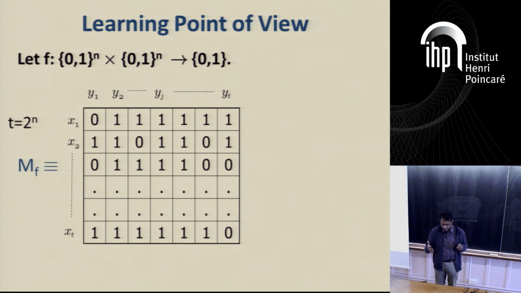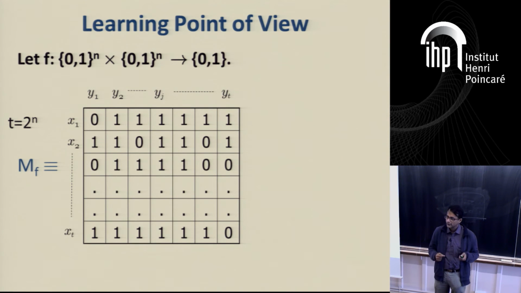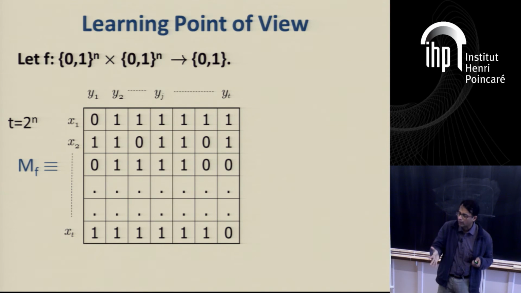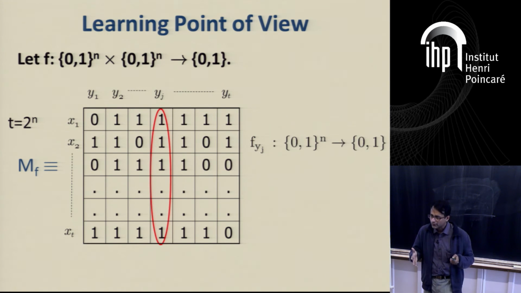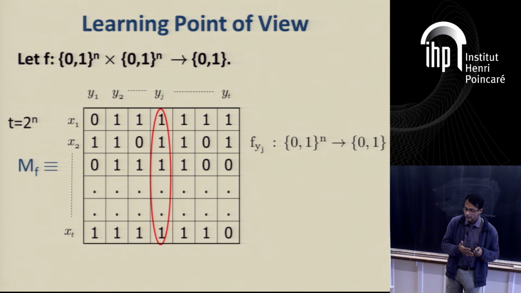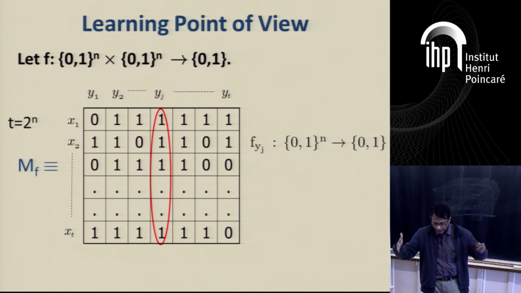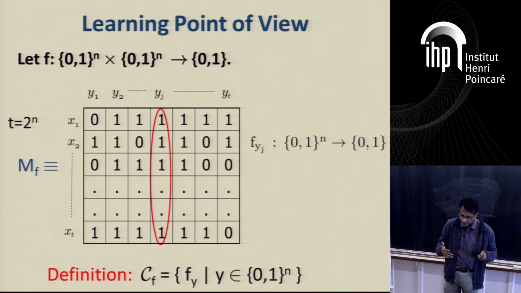So here's a very natural connection to communication. Notice that we have a communication matrix, when you have a two-party problem where the rows are indexed by the inputs of the x player and the columns are indexed by the inputs of the y player. Now each column you can think of as a function on the x variables, right? So with each column of this matrix you can associate the induced function, and I can therefore identify each column with a function, and this forms a concept class.